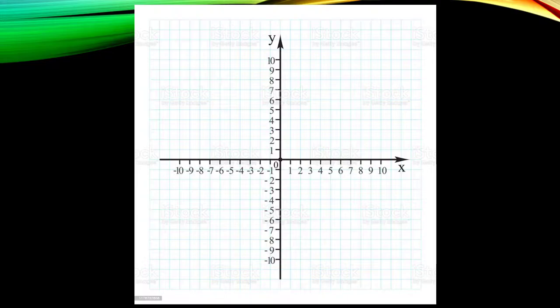Now let's try this. Instead of just a point, let's do an object. I have this triangle.